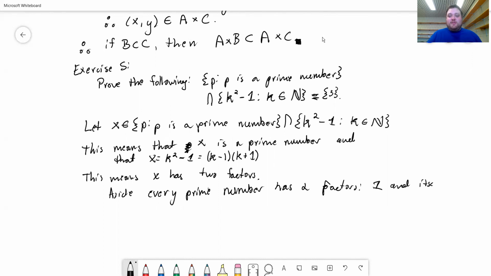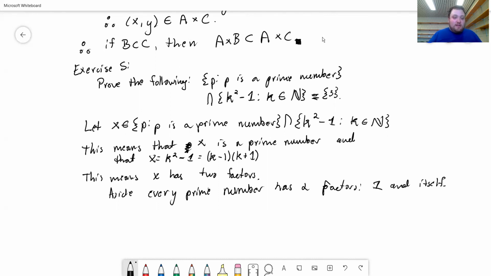That is by definition of prime numbers. So if we combine these two facts, that x has two factors, k minus 1 and k plus 1, and x, which is a prime number, has two factors, 1 and itself, that means one of these has to be 1. Okay, but so let's just go ahead and see.